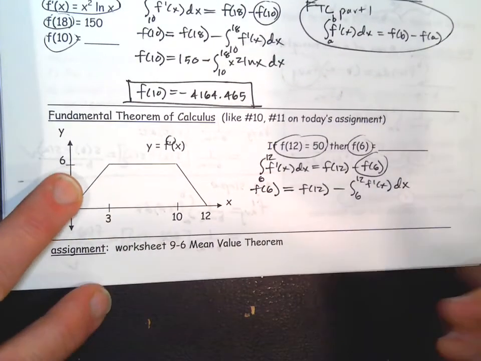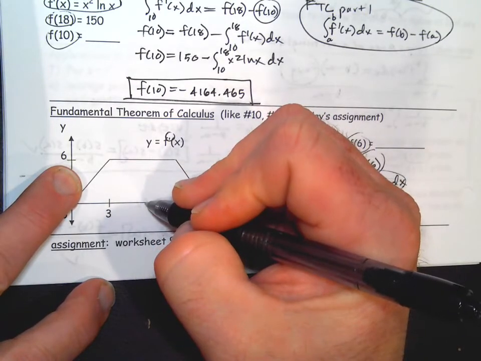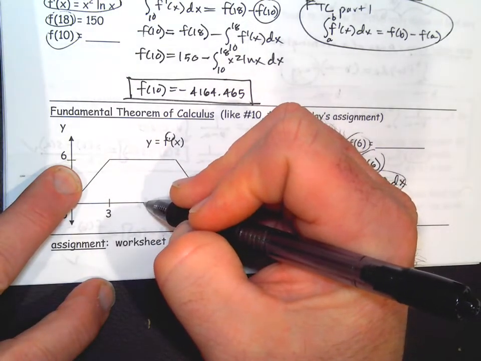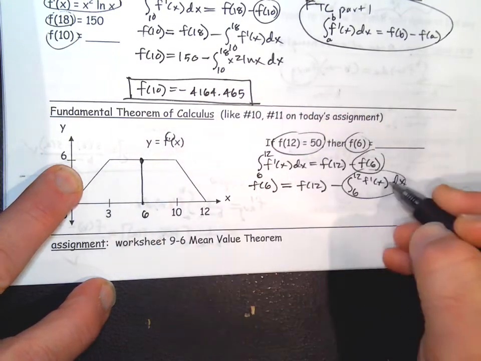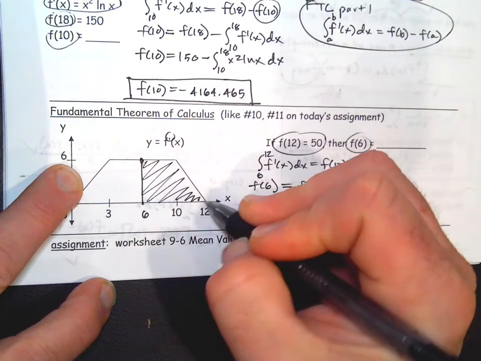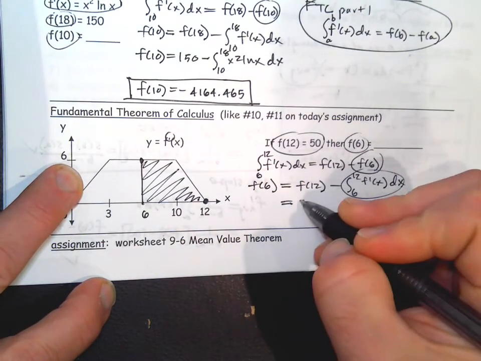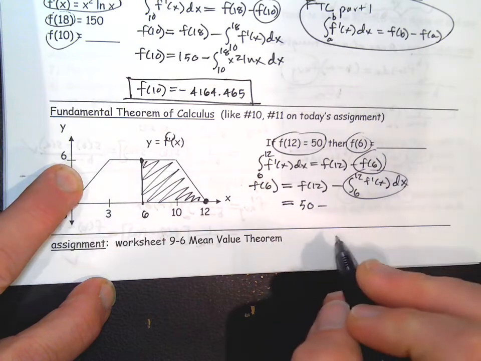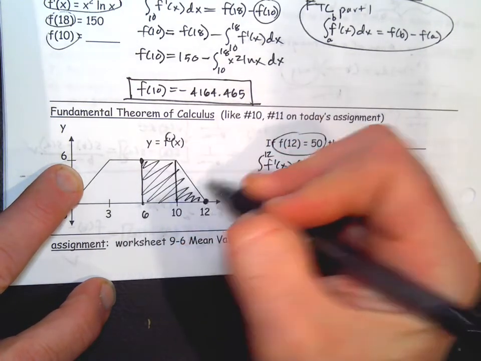Here's the difference. How do I find this? Not on a calculator this time, but we're going to use the graph. The integral of the derivative is the area under this graph. So we're really just trying to find this area right here. That's what's going to go right there. f(12) is 50. And the area of this graph, I mean, you could do a trapezoid or you could do a rectangle and a triangle.